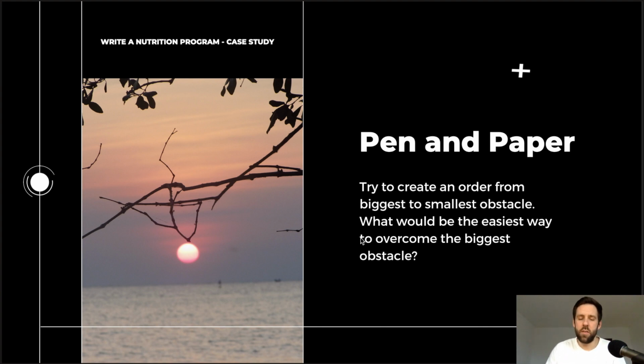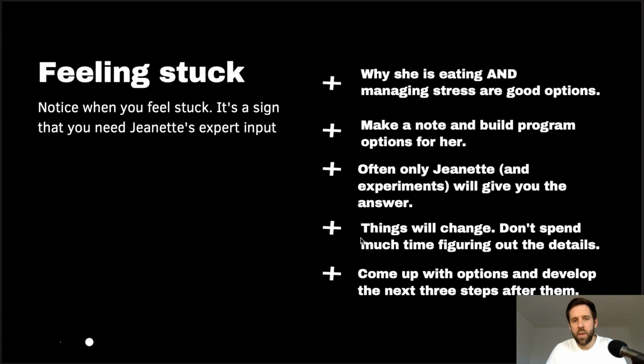overcome the biggest challenge. And here's something that I want you to understand. You will feel stuck in this process, because why she is eating and managing stress, exploring both of these are currently valuable ideas. Both are good options.